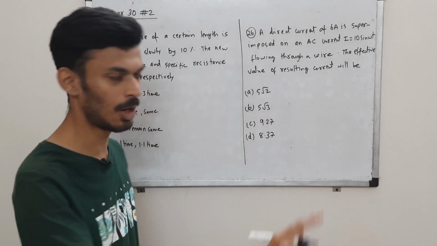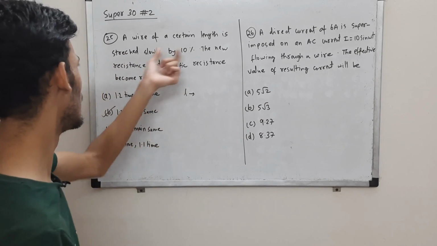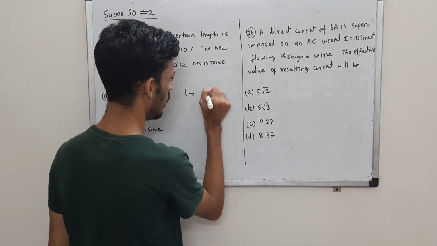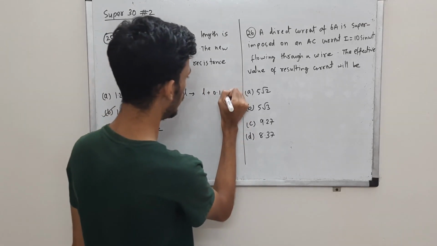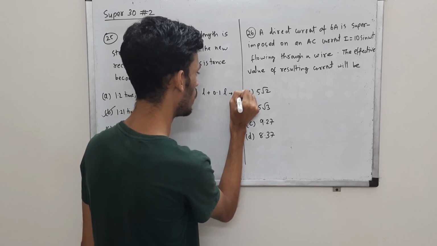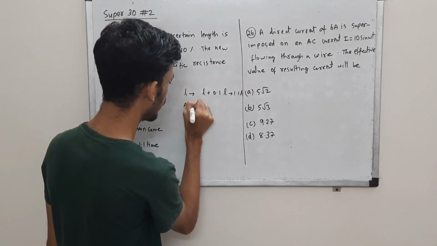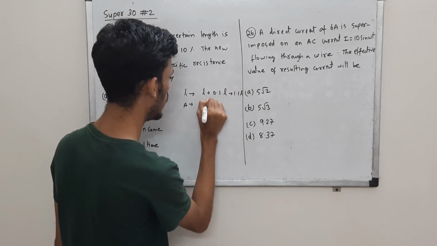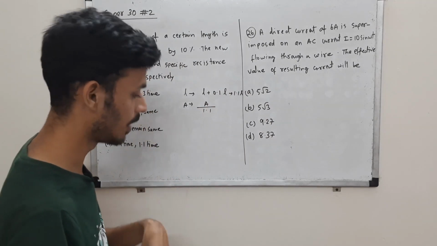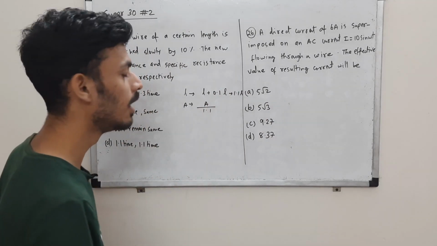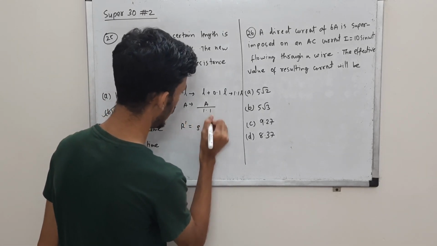Now let's actually solve it. You're not here for jugaad. The length is increased by 10%, so L is increased by 0.1 of L, which is 10 by 100. So the length becomes 1.1 L. Now the volume should remain constant, so since length becomes 1.1 times, the area should be divided by 1.1. So R dash will become rho L dash by A dash.